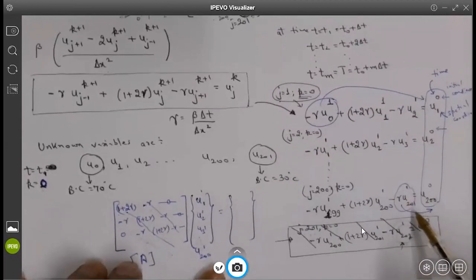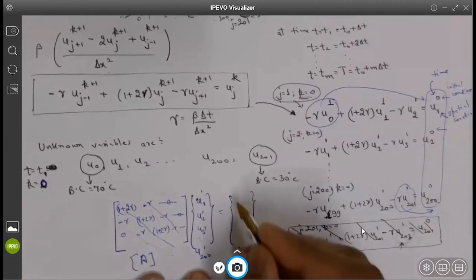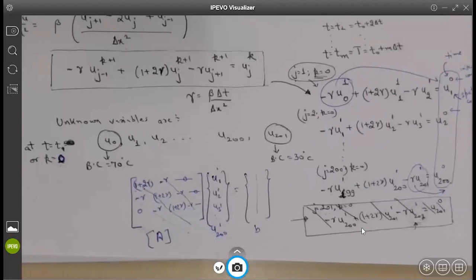So this is the A matrix and this is the B vector, which are all known. This is now just a matrix form, and you know how to deal with matrices. We have been learning that for the last month.